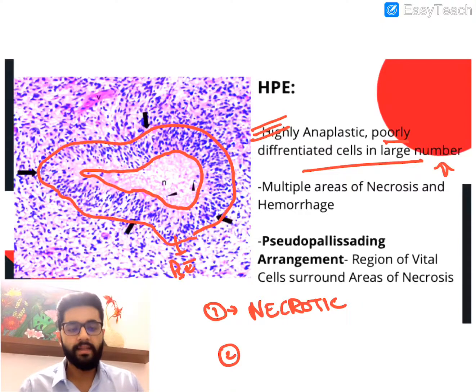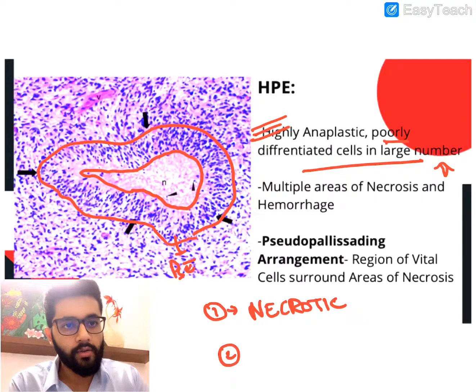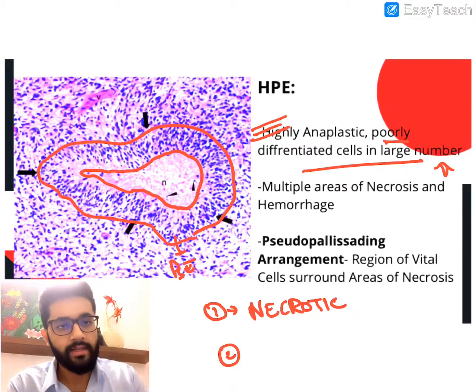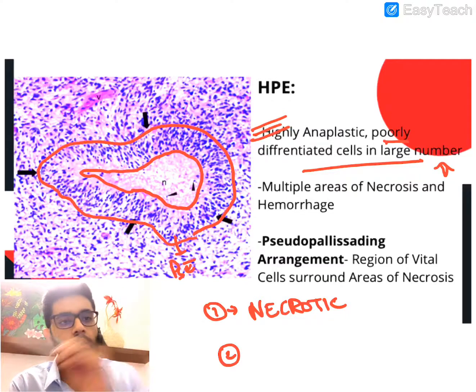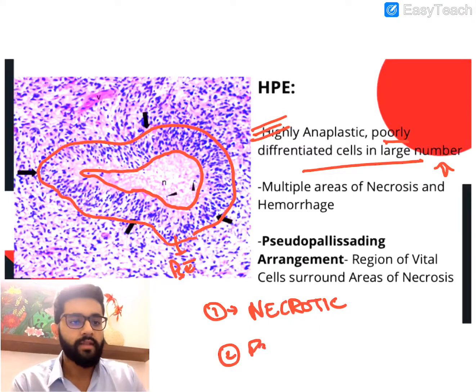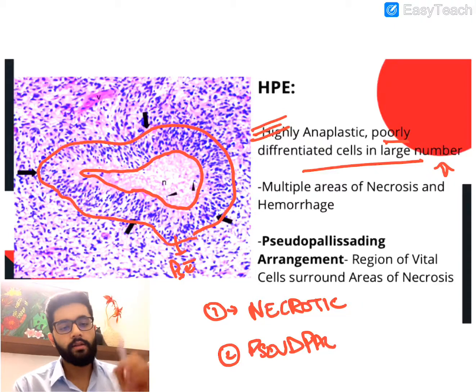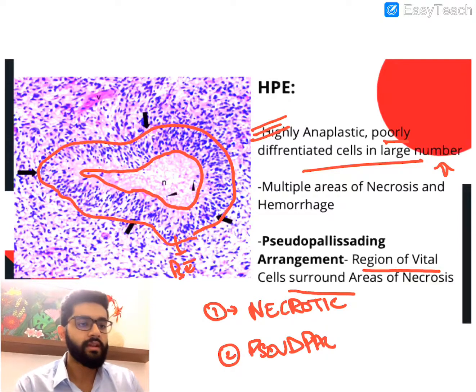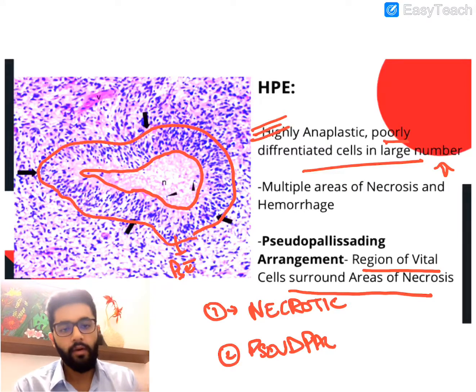Remember, palisading means to stand in a row, and in this picture it looks like all these cells are standing around the region of necrosis. So the second important point you should remember is that there is a classical pseudo palisading arrangement seen. What is pseudo palisading arrangement? I've shown you in the image also. It is a region of viable cells that surround the area of necrosis.